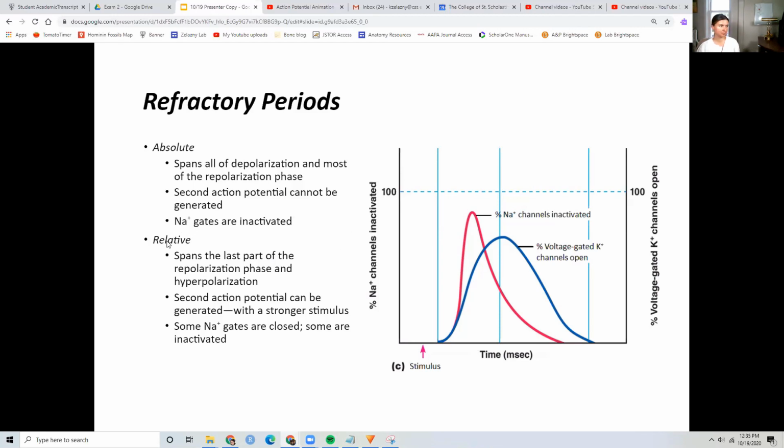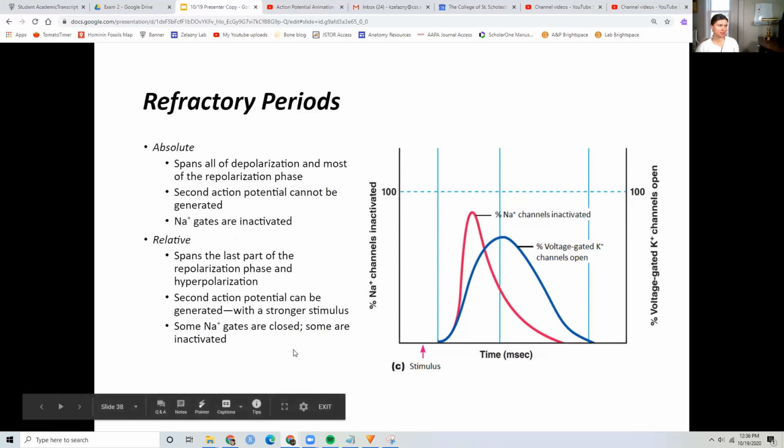Can't open them. The relative refractory period is after we fire off this spike of the action potential, during this repolarization phase and the hyperpolarization phase. We're usually almost never going to see another action potential, but it is possible if we get a super strong stimulus. A second action potential could be fired off really quick and cut this a little short if we had a really, really strong stimulus.